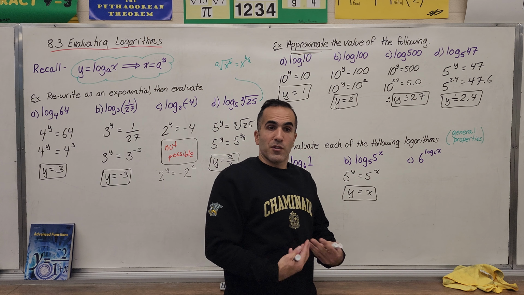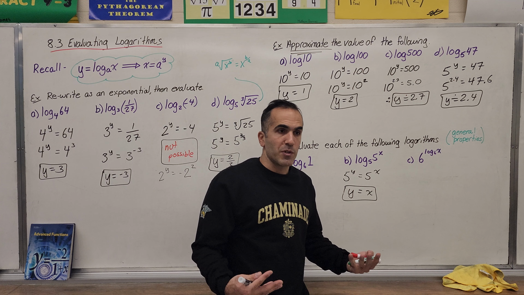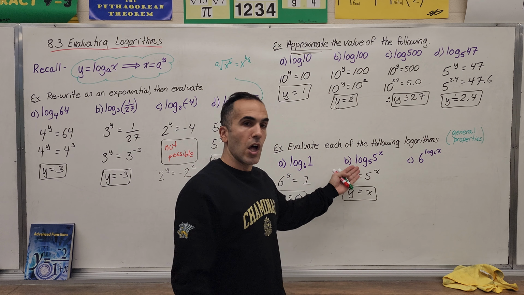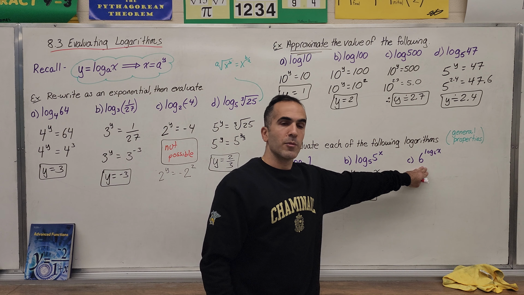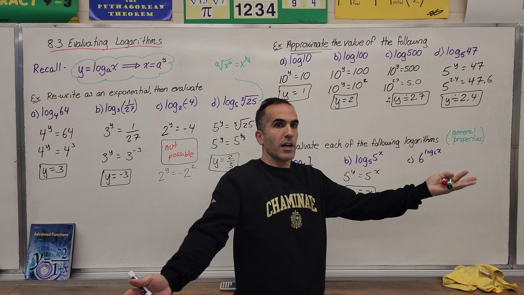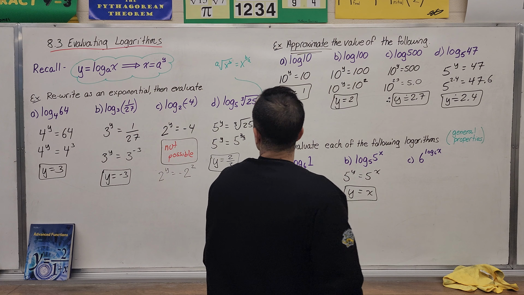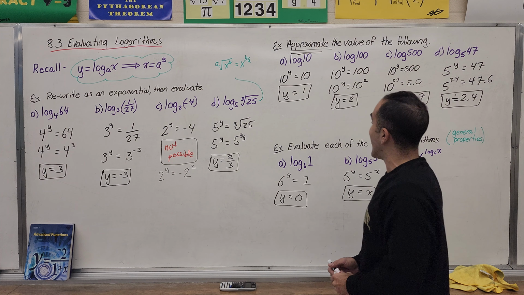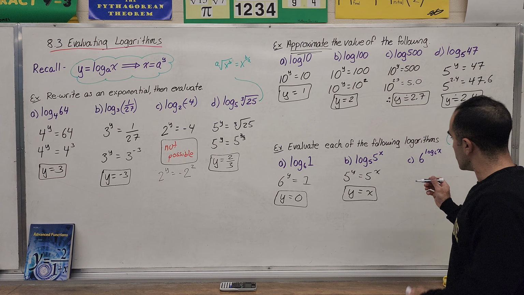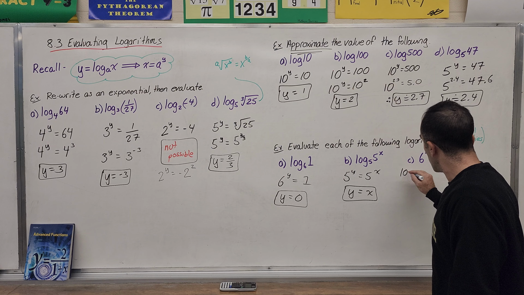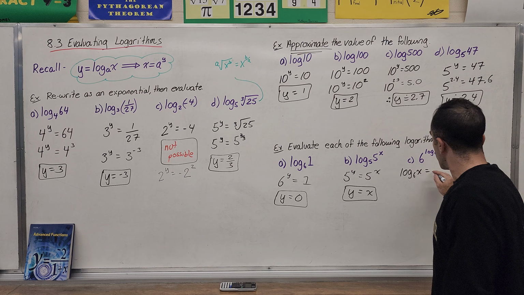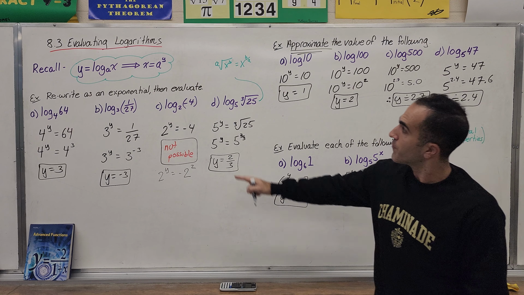This one, in my opinion, is the hardest. Probably not, but my brain loves to go from log to exponent. I'm not too fond of going from exponent to a log, especially when there's a log in the exponent. But if you look at the definition of an exponent, it's a to the y. So this is the y value. Log 6 to the x is the y value.